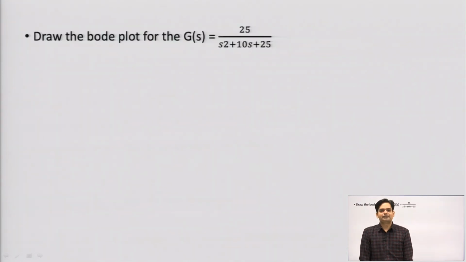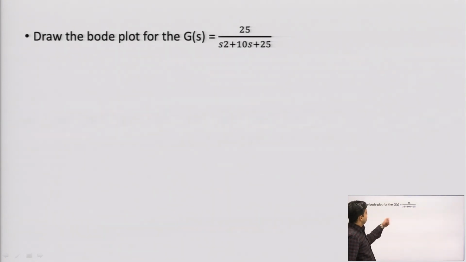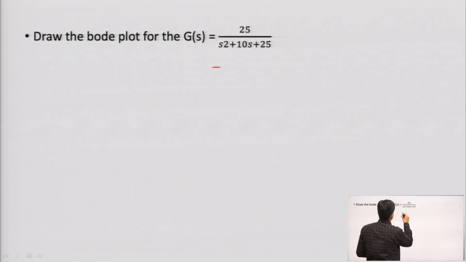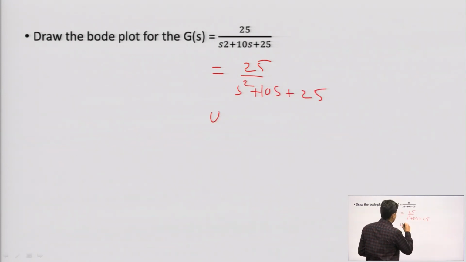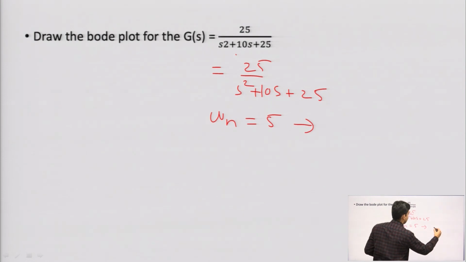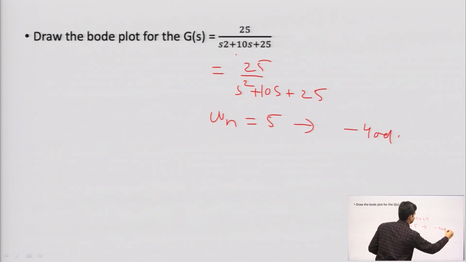Okay. In the same way, we would like to see one more example. What would be the Bode plot for this? It is basically G(s) equal to 25 upon s square plus 10s plus 25. So, we know that our corner frequency would be 5 and it is a double pole. So, I can say a minus 40 dB slope would be there.